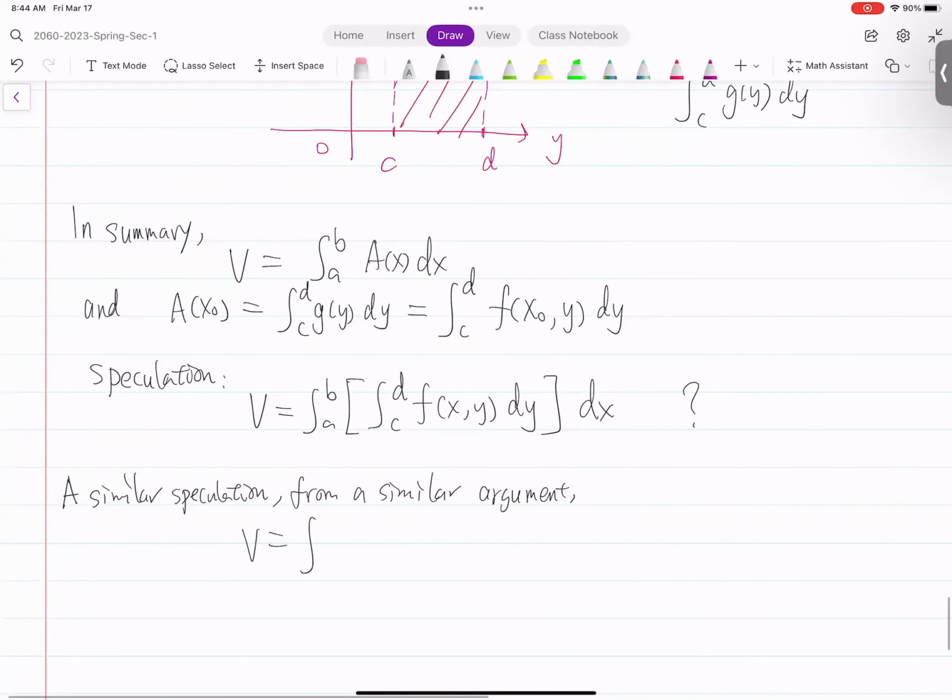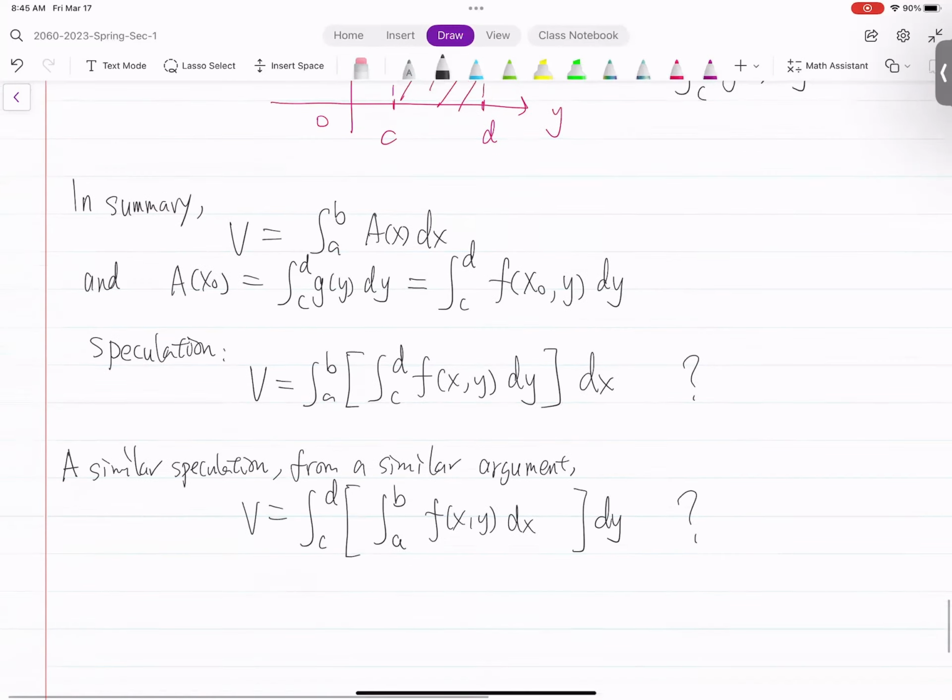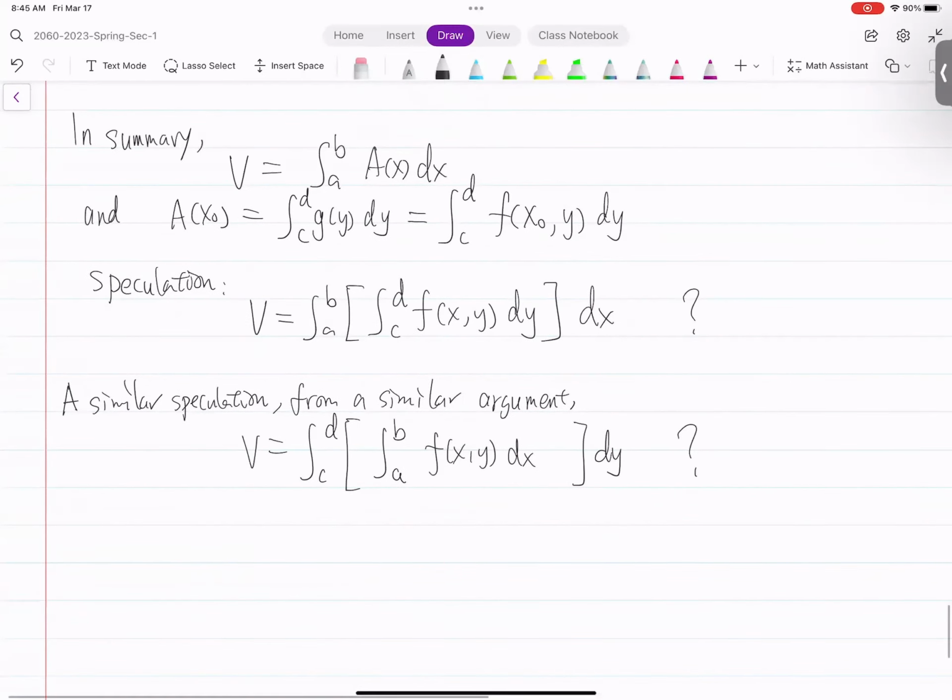So if you fix y first, and y goes from c to d, then you integrate something and then dy, and that cross section along the y-axis will be the area under the curve. You fix y and you integrate x. So you can see the order of integration is exactly the opposite.